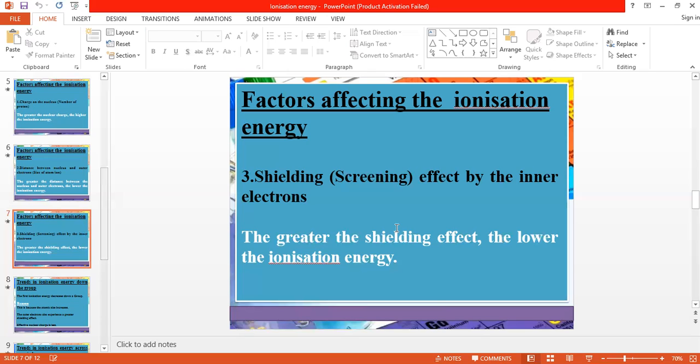So only in the first factor, more charge means a high amount of energy. In the others we need less energy.